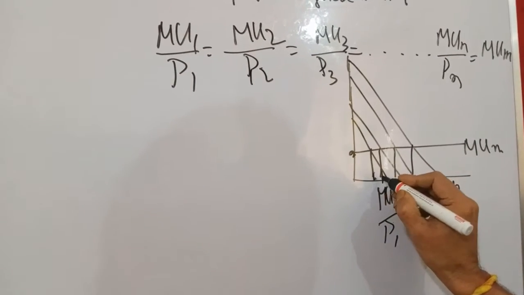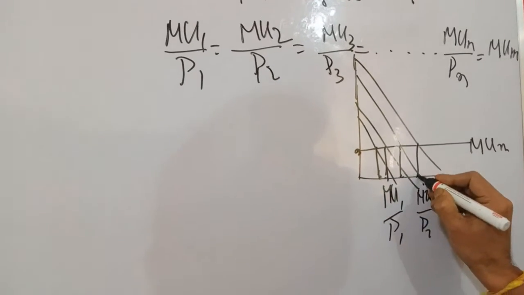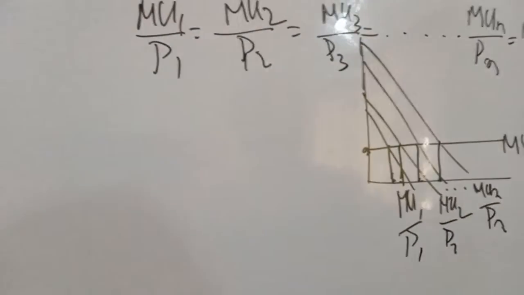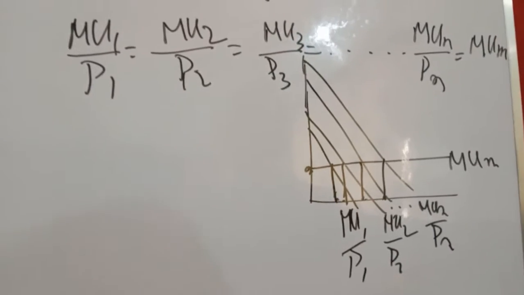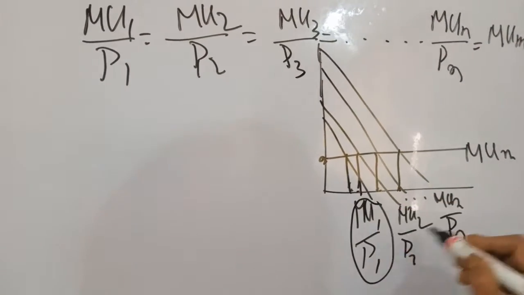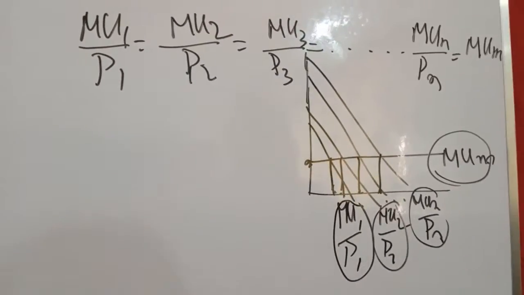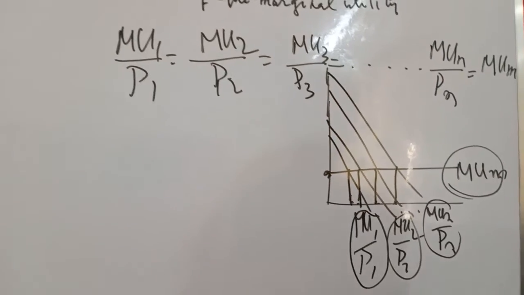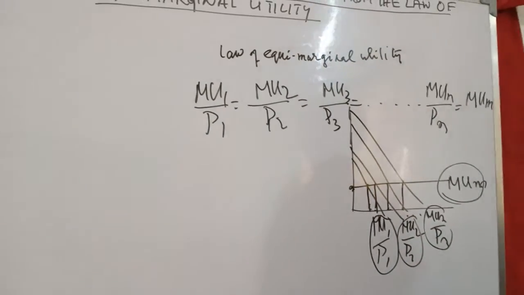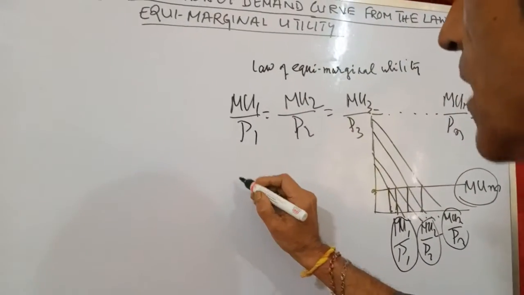These are the quantities of commodities the consumer is consuming and maximizing satisfaction by equating the ratios of marginal utilities and prices of the commodities with the marginal utility of money, right? And when the consumer is consuming only one commodity, in that case, what will happen?